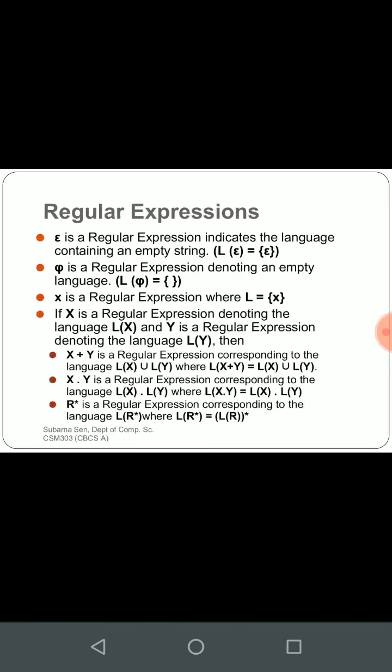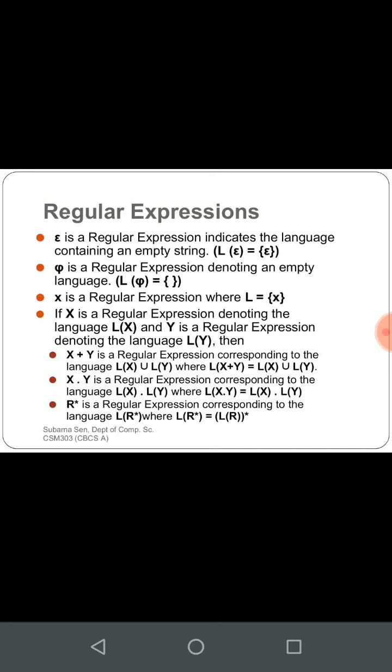Next we will focus on regular expressions, because without knowing what a regular expression is, you will not be able to know what a regular language is. First, epsilon is a regular expression, indicating the language containing an empty string. Please keep in mind the difference between L of epsilon and L of phi.